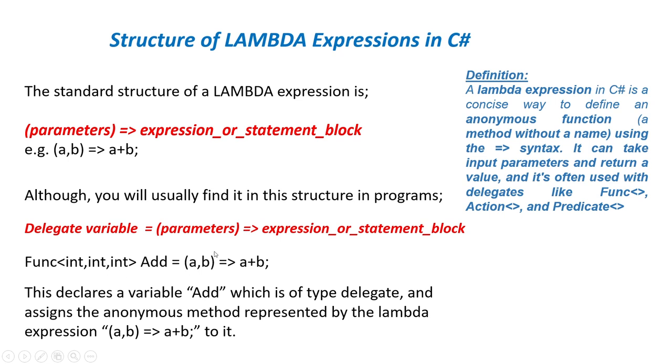If you look at this anonymous method or anonymous function we've defined, it has two input parameters A and B, and it will infer those input parameters as long as they are int. Then on the right hand side it has an expression which evaluates to the summation of these two int values.